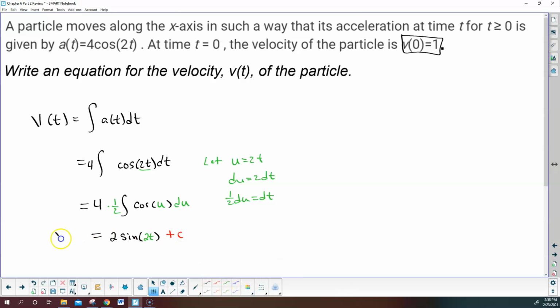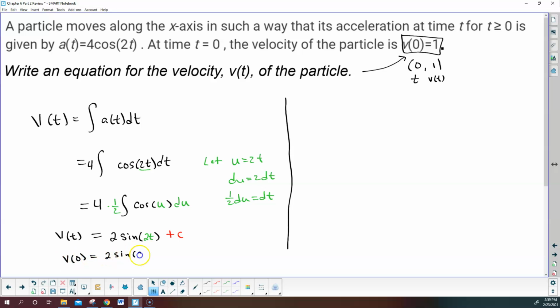Now, this is not the specific equation. This is a general equation. We want to write the equation of the velocity of the particle given an initial condition. So now, just like we did in the last unit, remember this is 0, this is 1, so this is t, this is v of t. What happens when I plug in 0 for t?